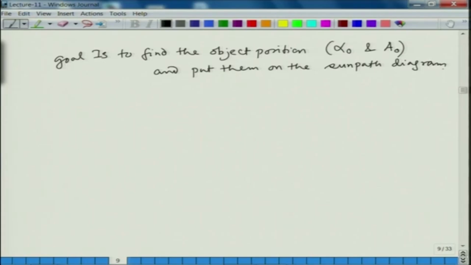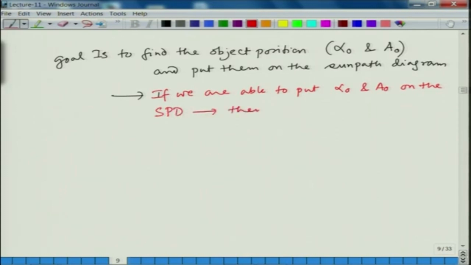If you can put, that means there is an overlap. So, if you are able to put alpha naught and A naught on the sun path diagram, then there is an overlap.